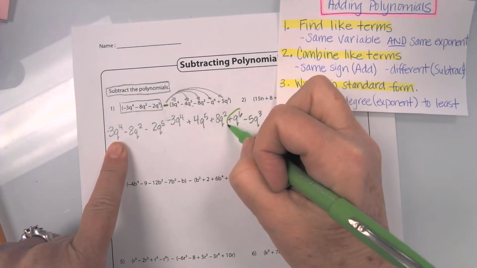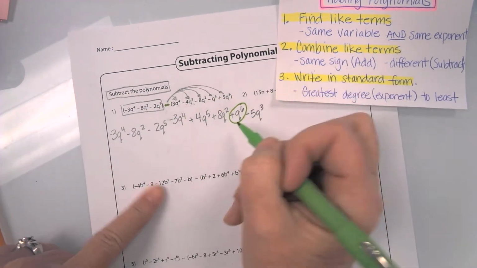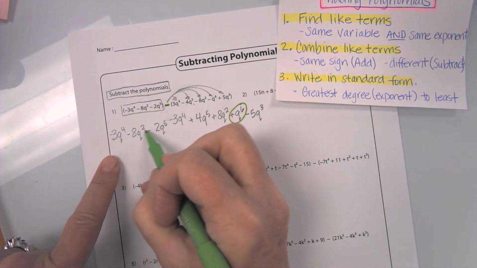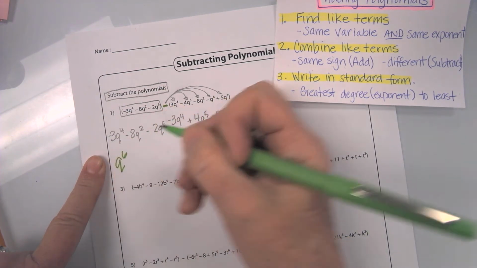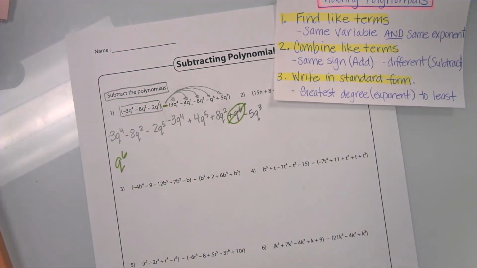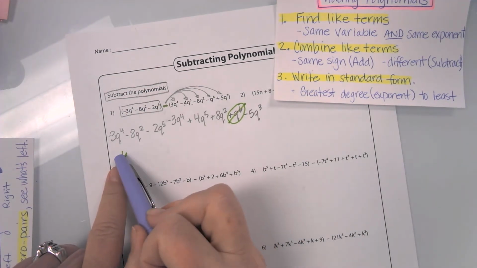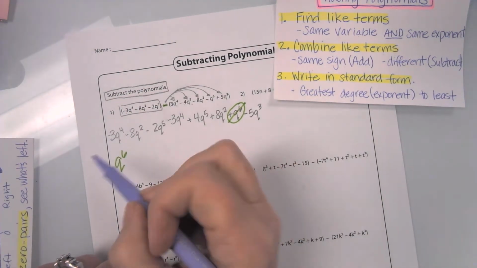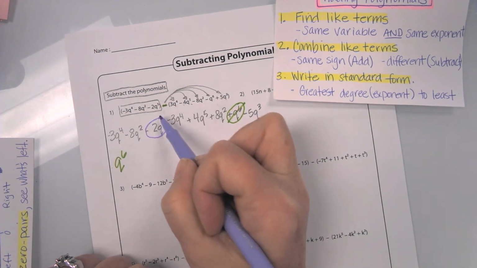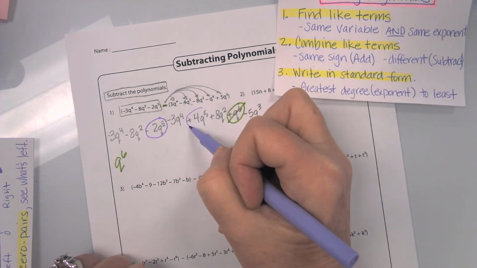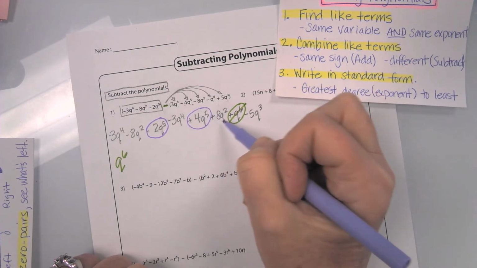Notice I have a positive q to the 6th. There's only one q to the 6th. So I'm going to write that over here, q to the 6th. That one's done. Now, remember, we're going in order, so 6, I need to look for the 5s. Q to the 5th. There's a negative 2q to the 5th and a positive 4q to the 5th.